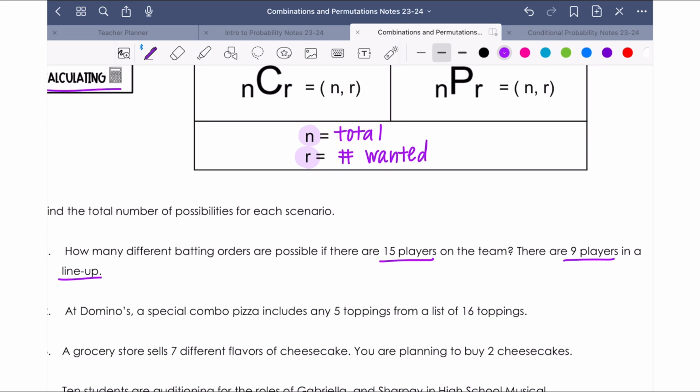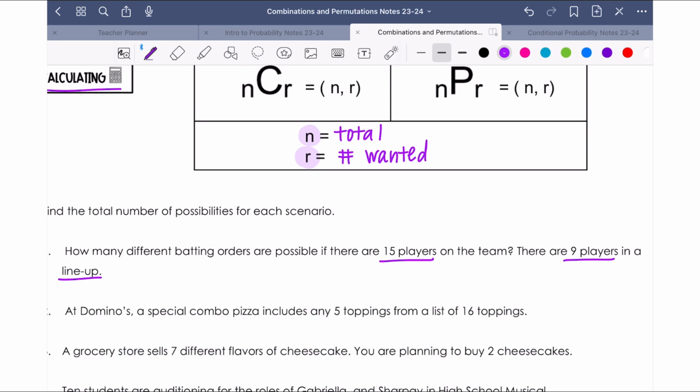For baseball, the order does matter. Believe it or not, teams have a specific order to put players in for different scenarios, better chances of winning, etc. And so the order of the lineup for a baseball team, it does matter. And so this is a permutation, not a combination.